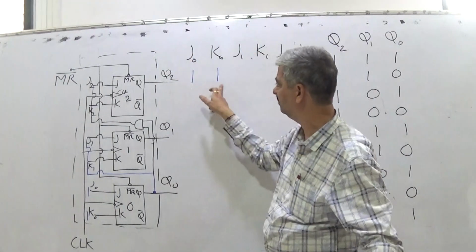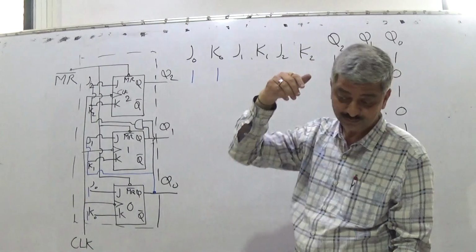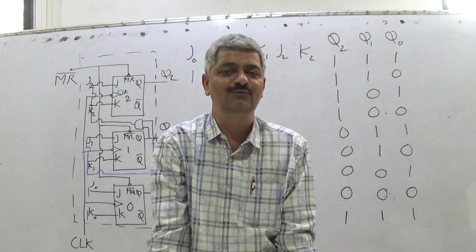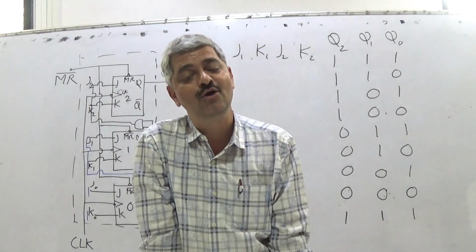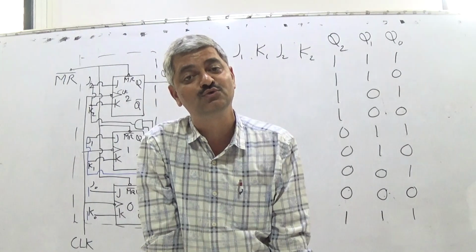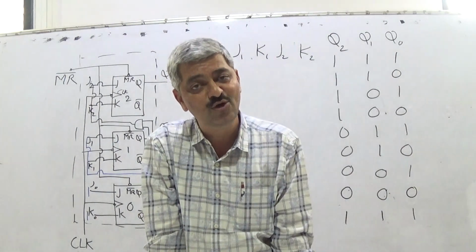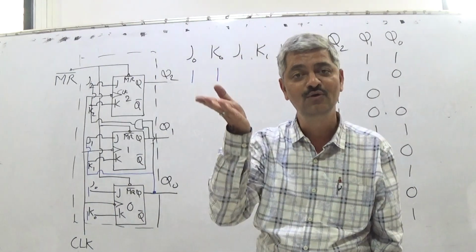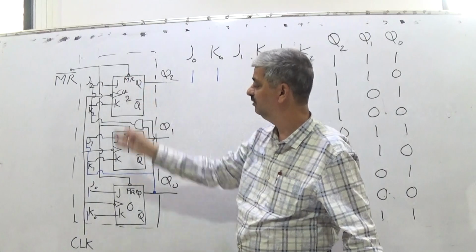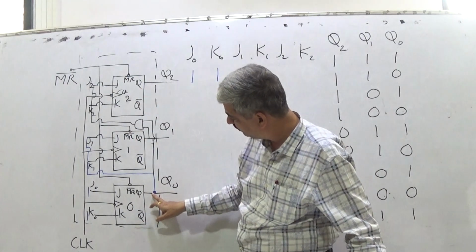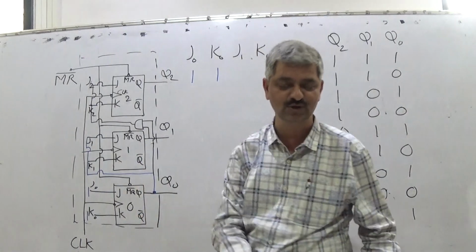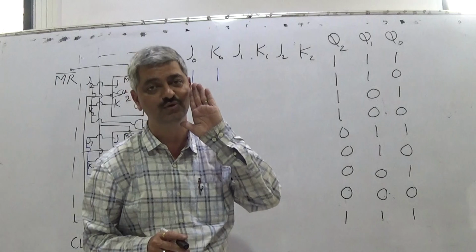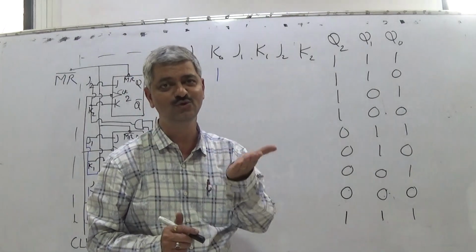See, flip-flop number 0 is the same for down and up counter. Whereas for flip-flop number 1, in the case of the up counter, it was toggling when the output of flip-flop number 0 was 1, and when the output was 0, it was maintaining. So we connected Q0 to J1 and K1. Here, when Q0 is 0, you want it to toggle, and when Q0 is 1, you want it to maintain state.